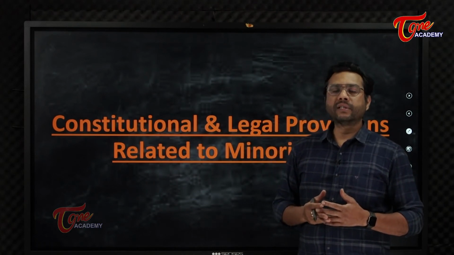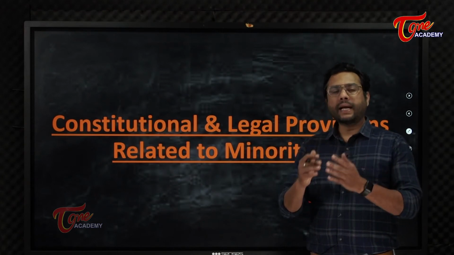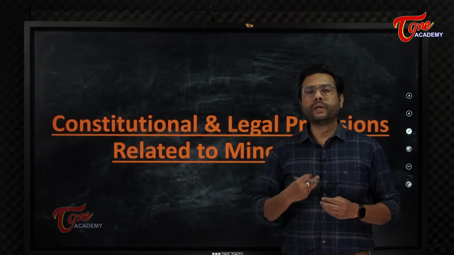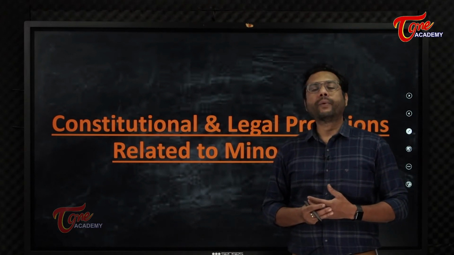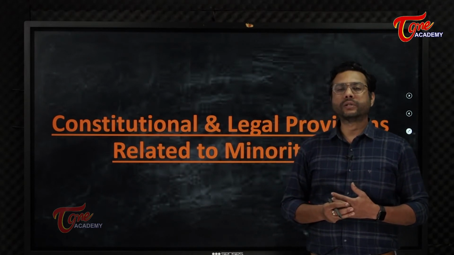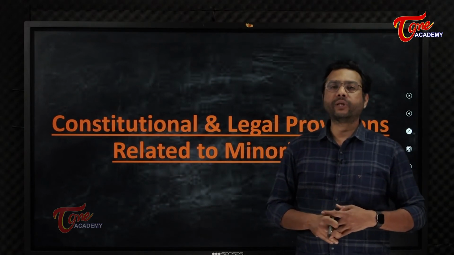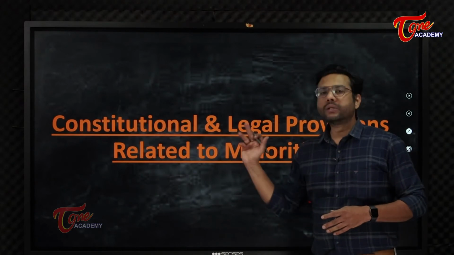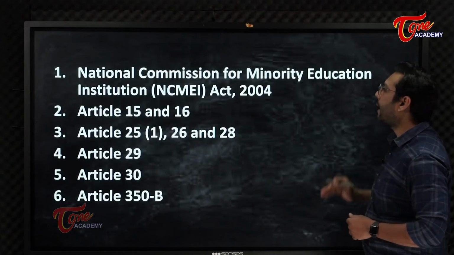Managing religious affairs means that they can decide on various aspects, like how much needs to be donated, what instructions should be taken when establishing educational institutions, or in the protection of their literature, language, culture, etc. So what are the major constitutional and legal provisions we have?